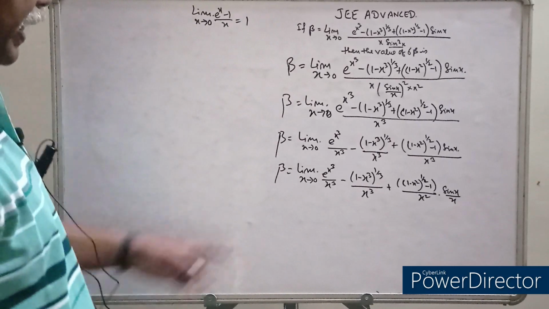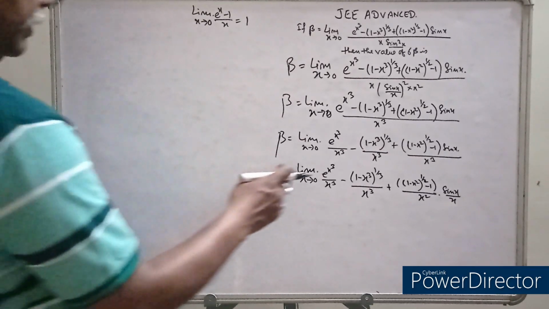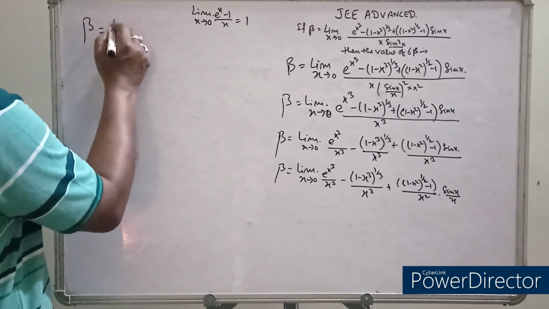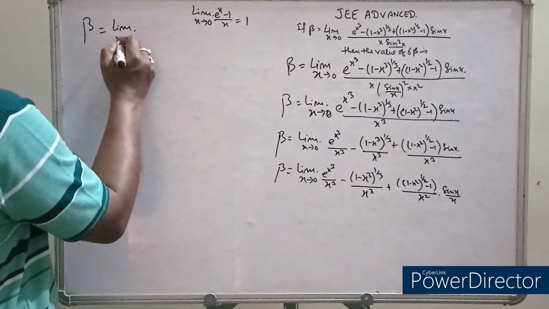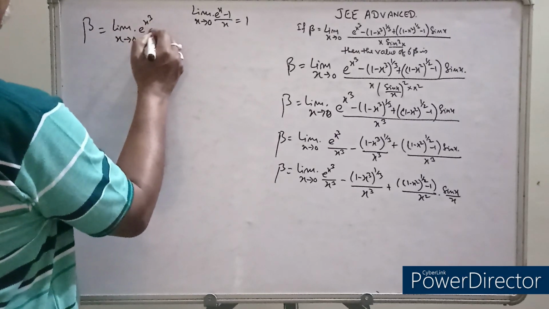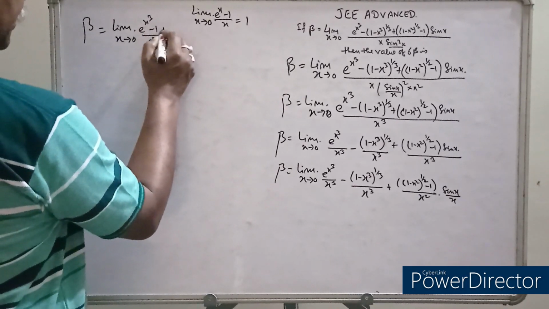So I am going to take the help of this. To do this, what I am going to do here is beta equal to limit x tends to 0, e to the power of x cube minus 1 by x cube, and then plus 1.